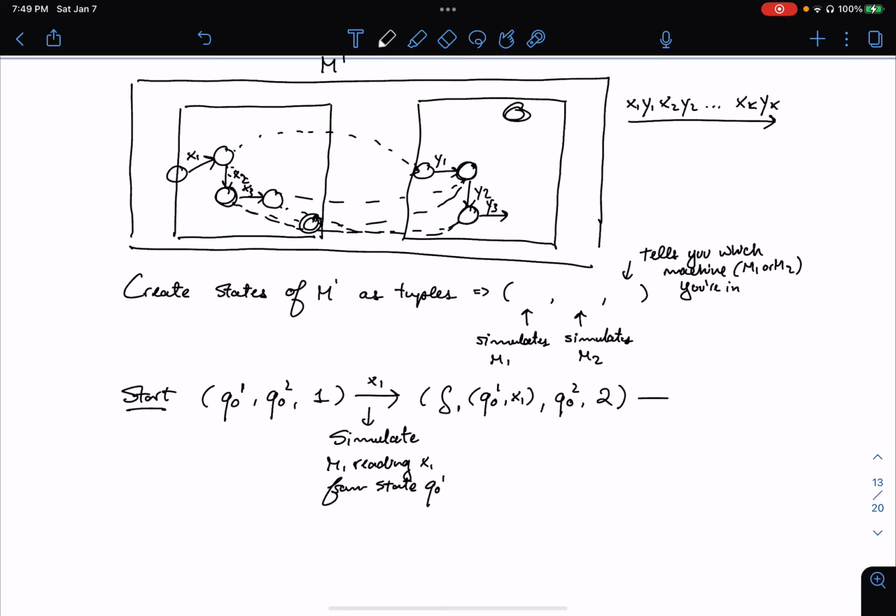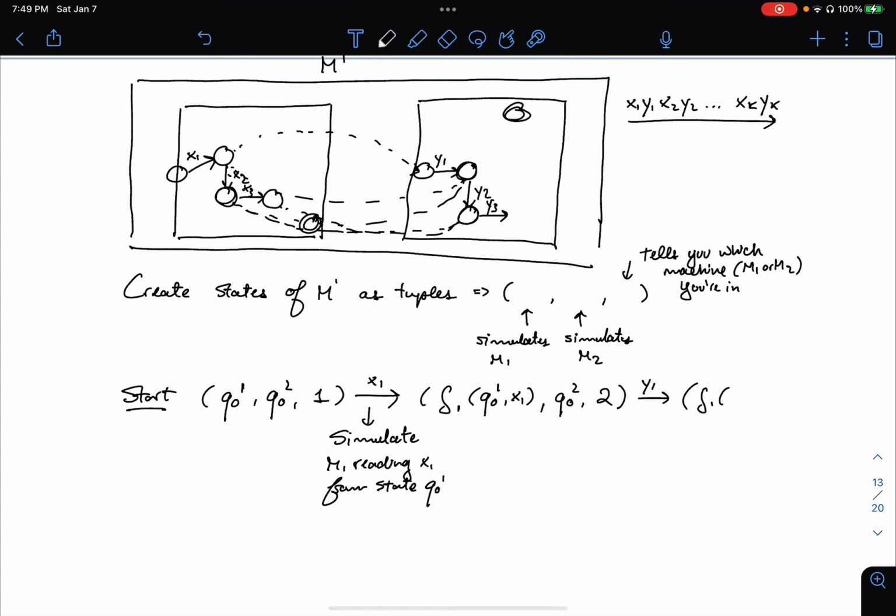At that point, I can read the letter Y1. Now this state doesn't change. Essentially what I've done is I've remembered the last state I was in during the computation of M1. And now I simulate the computation at Q02 reading the letter Y1.